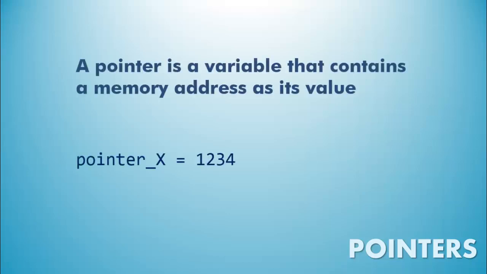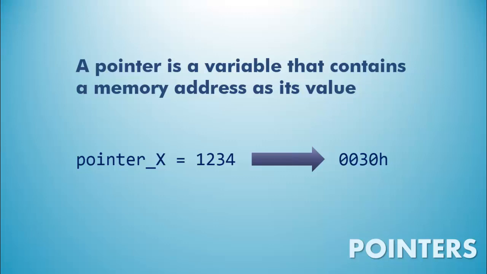A pointer is very simply a variable that contains a memory address. So rather than having a named memory location that contains some data value, a pointer contains the address of a specific memory location, and that allows us to do a number of different things.